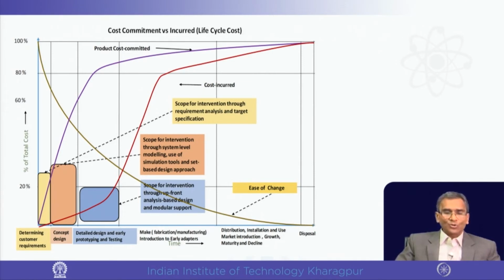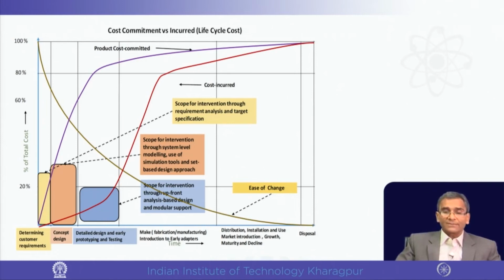And in these three different areas, determining customer requirements, with a dotted line you see the scope of intervention through requirement analysis and target specification, and how this can be addressed.